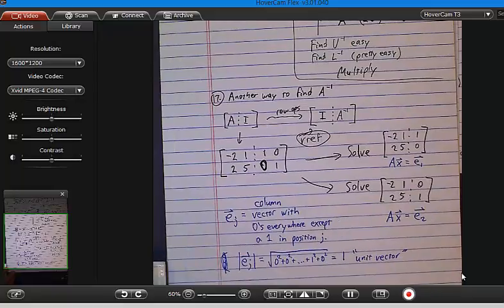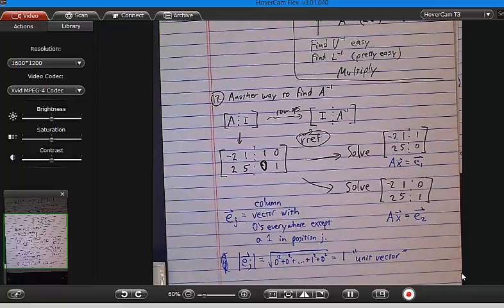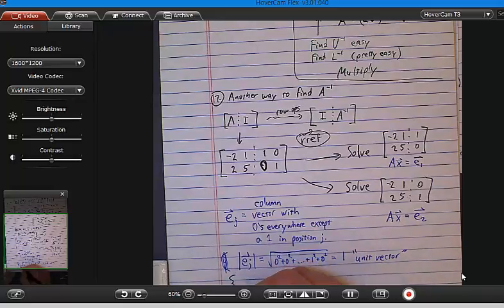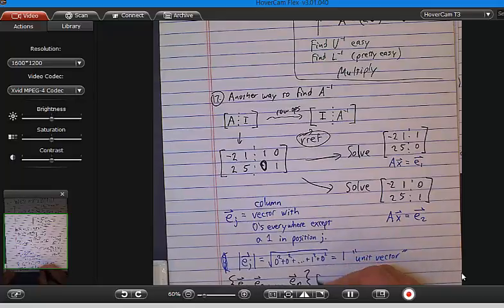But since you're in linear algebra, what I can tell you guys that I can't tell calculus is this. I can tell you that the set E1, E2, dot, dot, dot, up to En forms a basis for Rn.